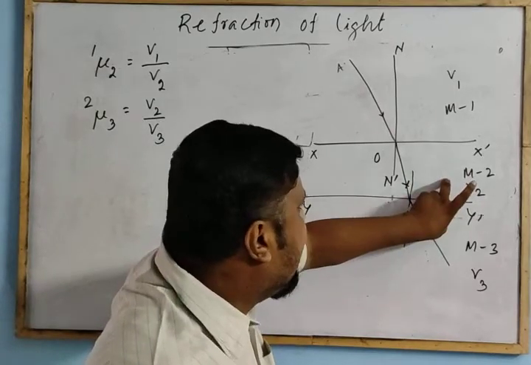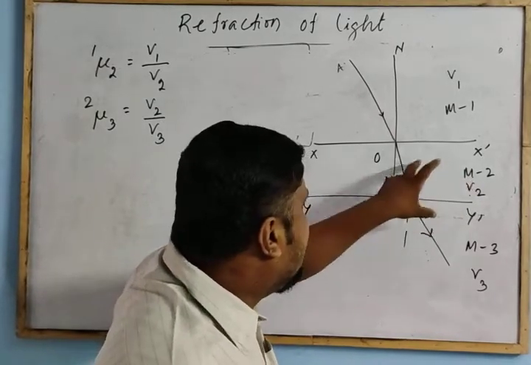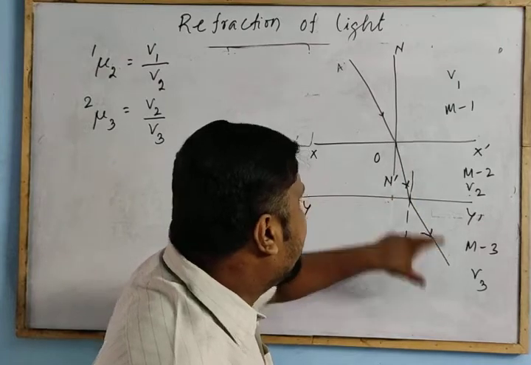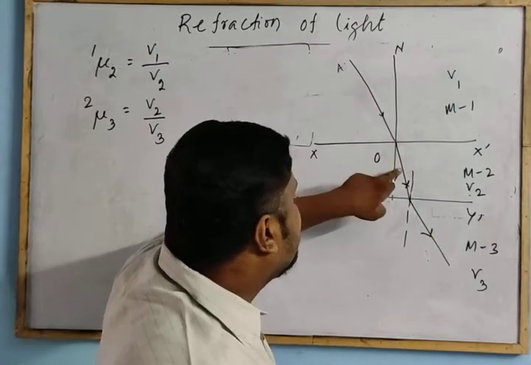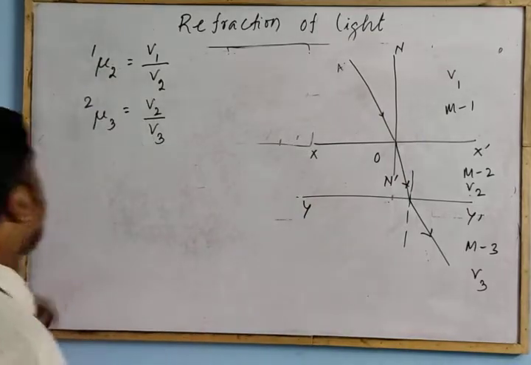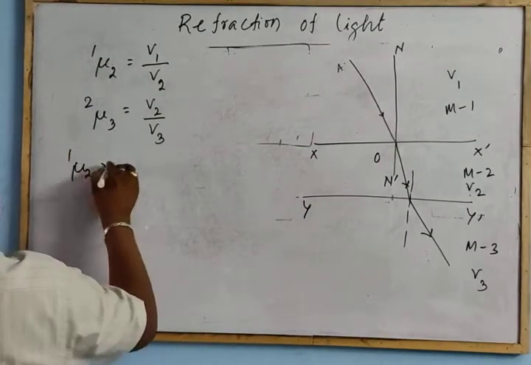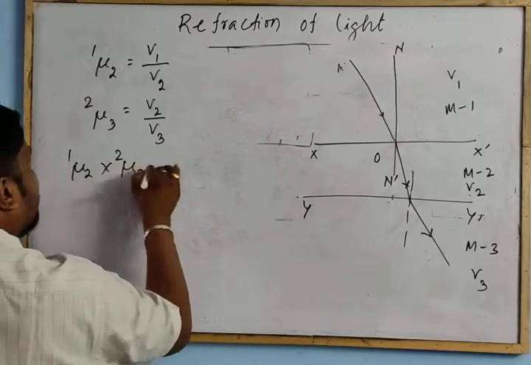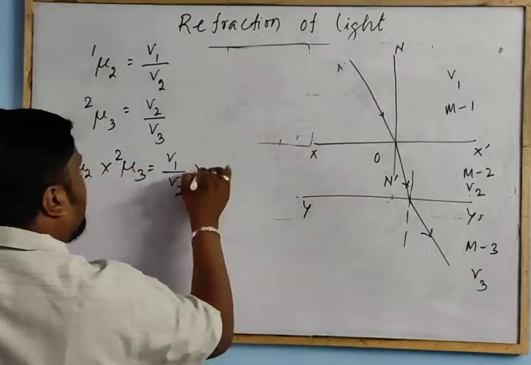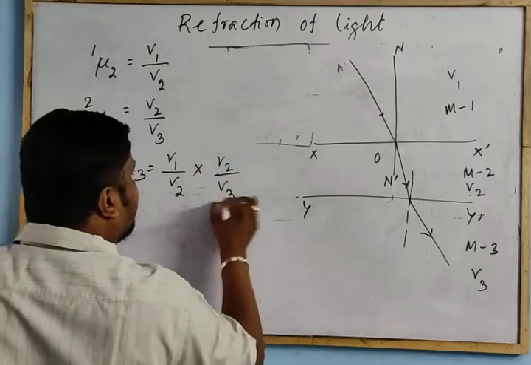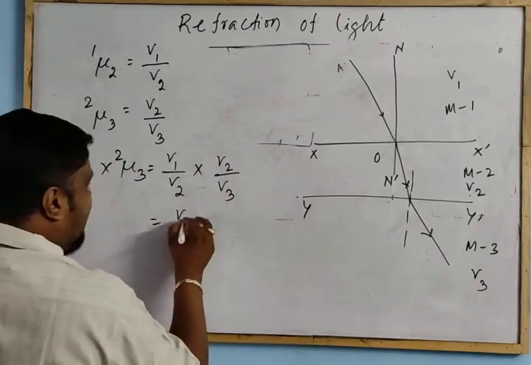In these two media, this is the incident ray, this is the refracted ray. So v2 by v3. Now, if you multiply that, mu21 into mu32 equals v1 by v2 into v2 by v3. So this can be v1 by v3.